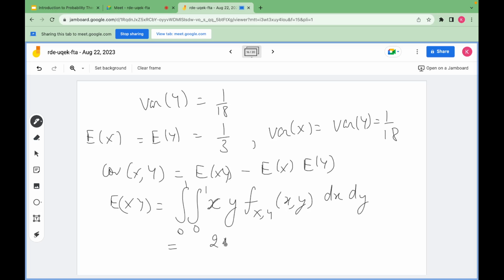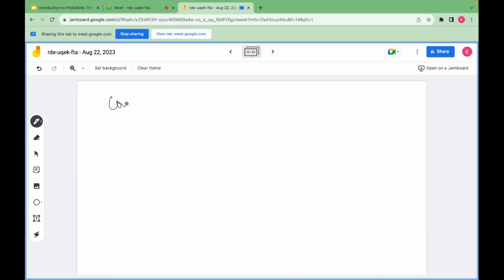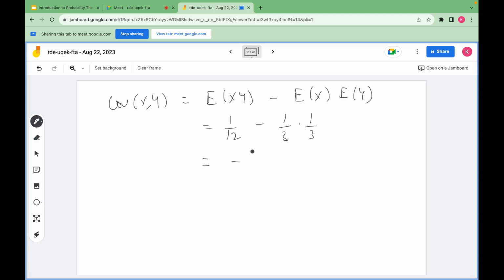So this is 2xy dx dy from 0 to 1, which will come out to be 1 by 12. So this covariance is expectation xy minus expectation x expectation y, which is 1 by 12 minus 1 by 3 into 1 by 3. This will come out to be minus 1 by 36.